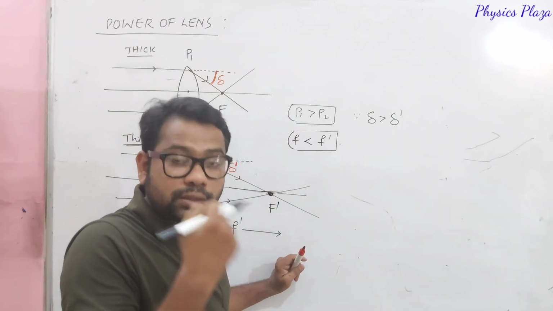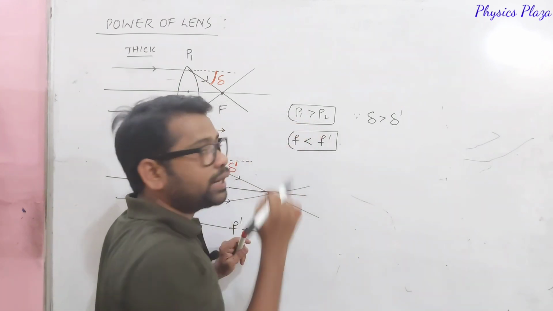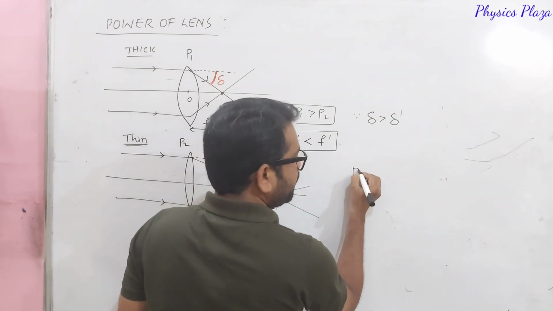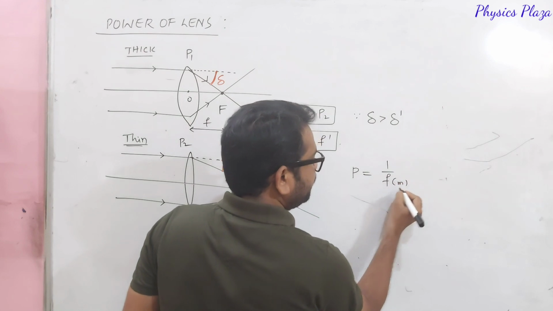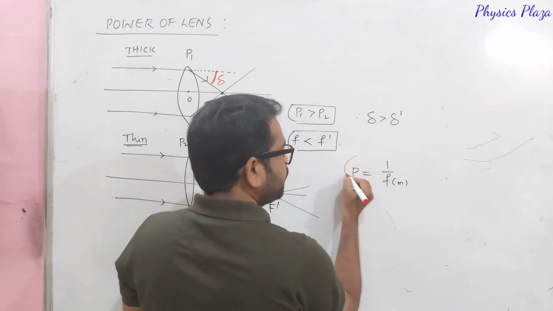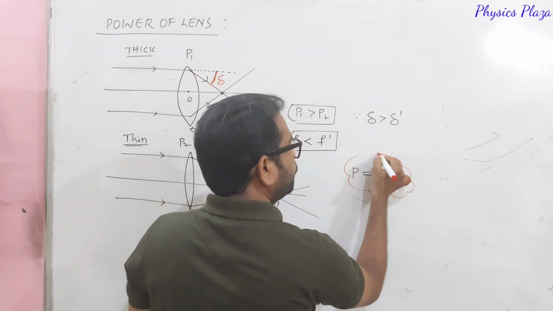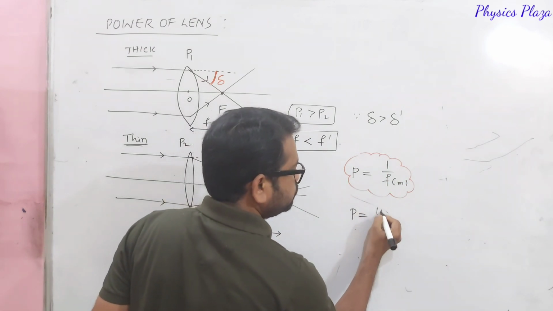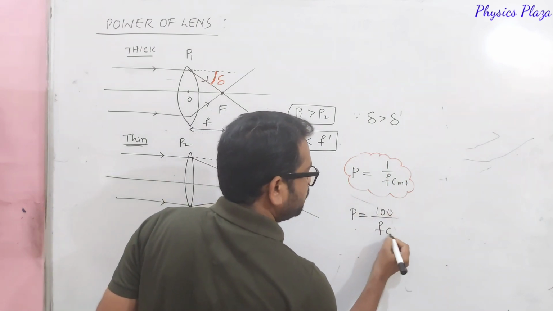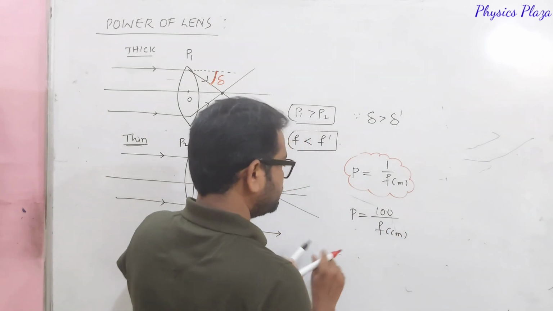So here we have a standard relation for power and focal length. What is that? Power is equal to 1 by f, but strictly here, f is measured in meters only. Or we can also express power is equal to 100 by f, but here f is in centimeters.